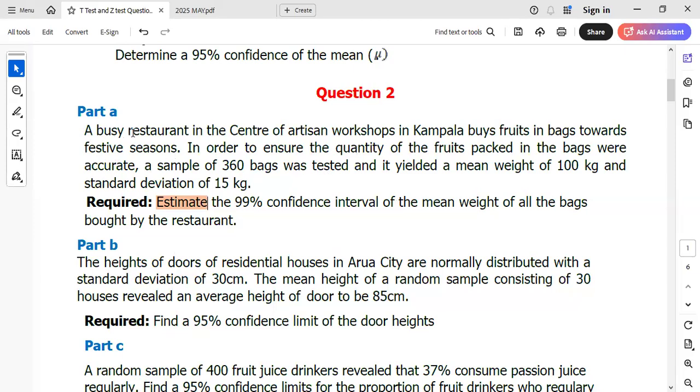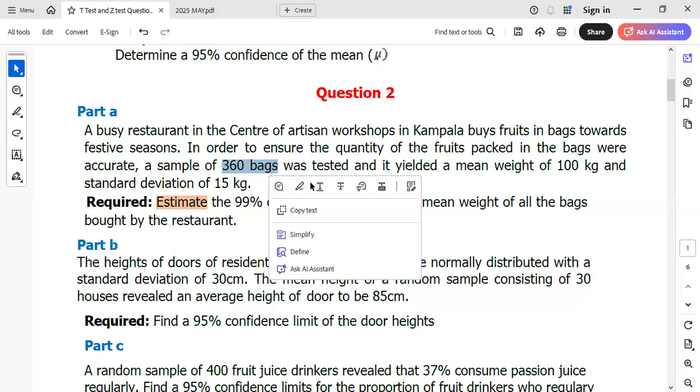We are told that a busy restaurant in the center of artisan workshops in Kampala buys fruits in bags towards the festive seasons. In order to ensure quantity of the fruits packed in the bags were accurate, a sample of 360 bags was tested.